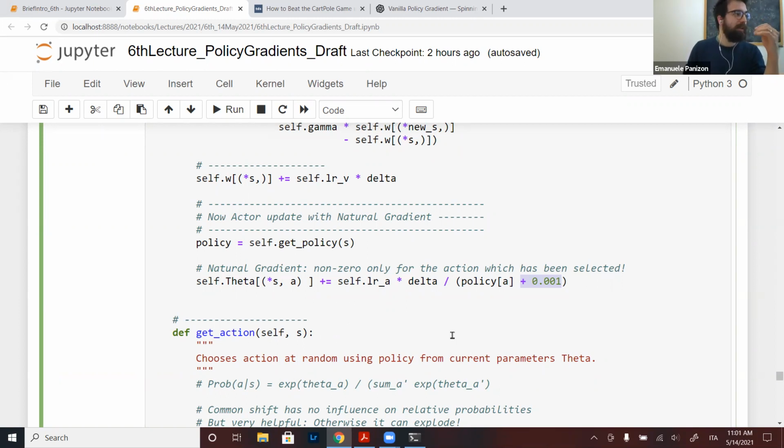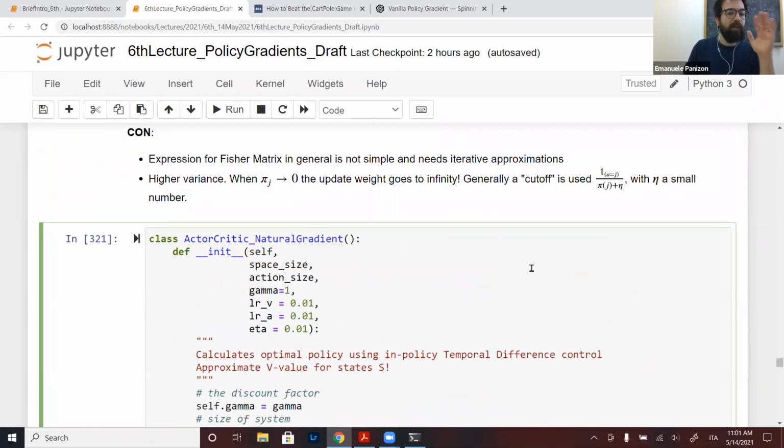Because if the policy is 10 to minus 20, and I have an update which is 10 to 20, then everything becomes not a number. So usually there is this technical fact that you put a cutoff, so that the update is at most the inverse of this number here. But this was just a technical issue.